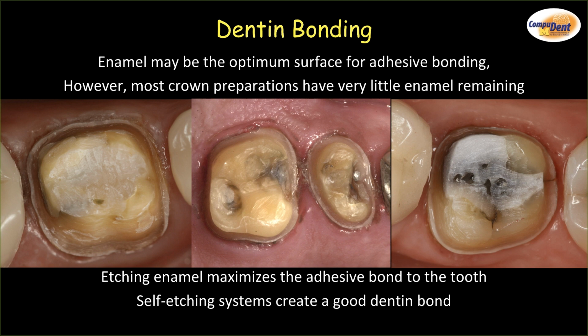It's not going to hurt, that's for sure, but is it going to significantly overcome the limitations in some of the preps that we've been looking at? I would suggest no. I think we need to focus on dentin bonding. Because if we can't get a good dentin bond to these, we're probably not going to really enhance our adhesive retention either.